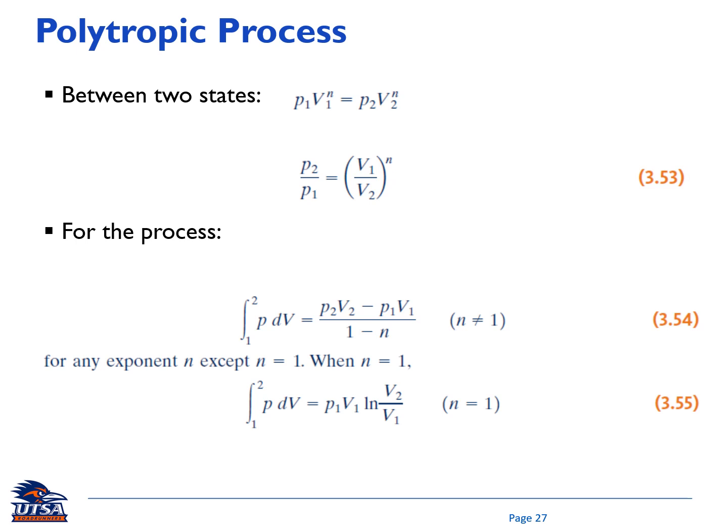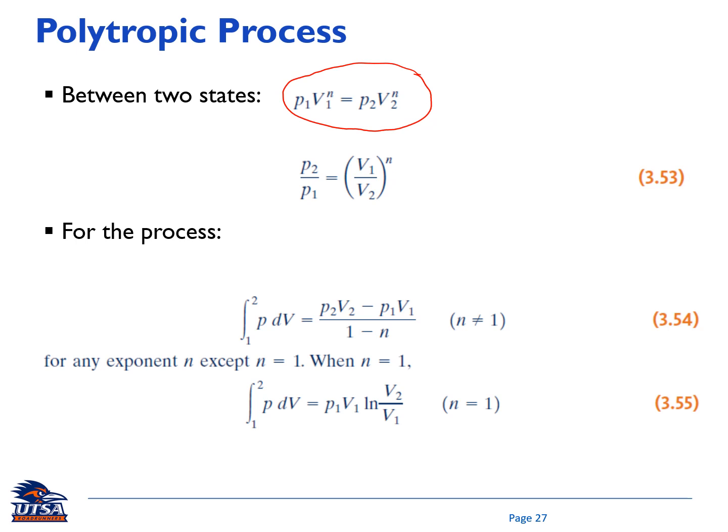These are some of the formulas for polytropic process. Between two states, I think you saw it already in chapter 2. From state 1 to state 2, if it is a polytropic process, P1 times V1 to the power of n equals P2 times V2 to the power of n.